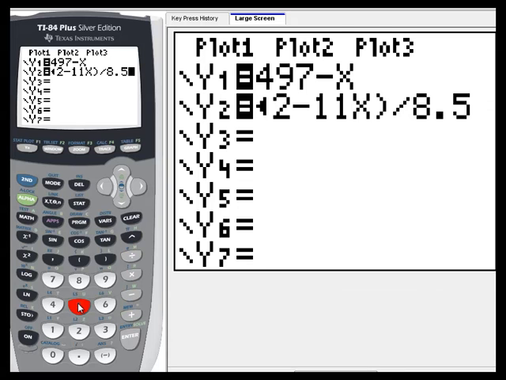Now, let's see, which coordinate system should we look at? In this case, since it's a real problem, we can consider what are the possible values that x could take on. X is the number of adult tickets sold. Well, the total number of tickets was 497. So the possible sensible range is between 0 and 497. We might set up the window to reflect that first.